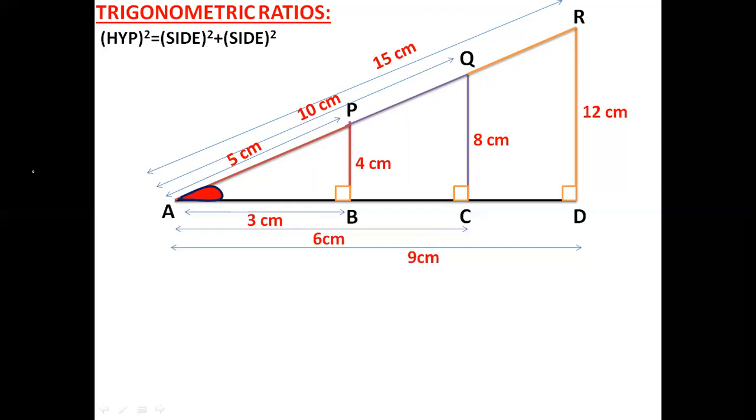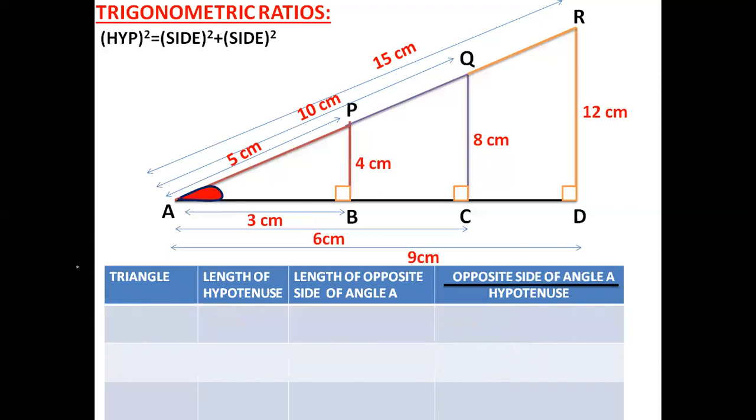So here, in these three right angle triangles, all angles are equal. So these three right angle triangles are called similar triangles. Now here I am taking one table. This table contains four columns.